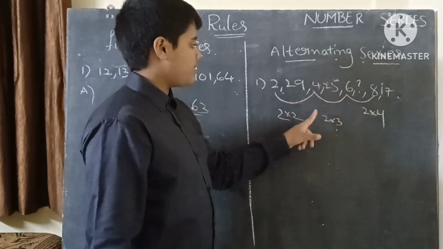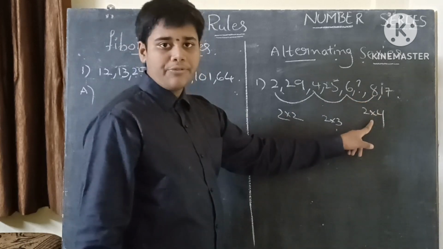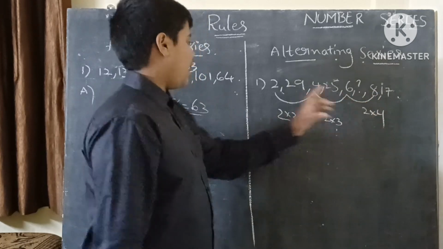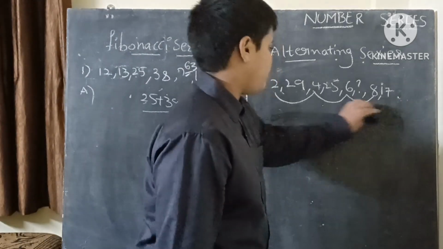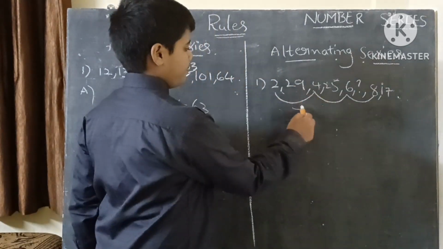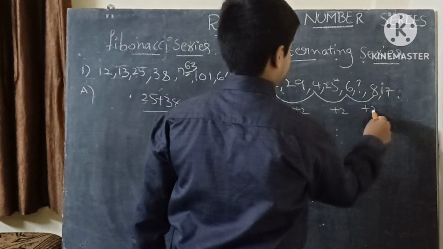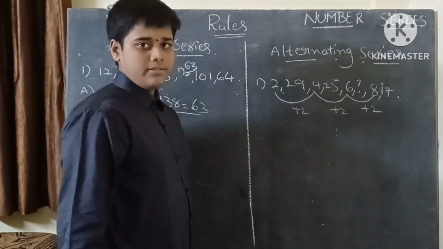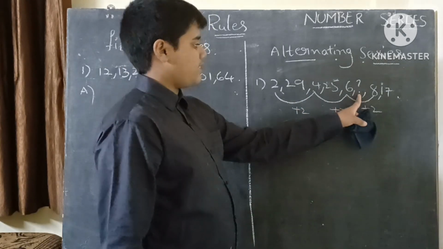Here 4 means 2 into 2, 6 means 2 into 3, 8 means 2 into 4. Otherwise another trick is there: 2 plus 2, 4, 4 plus 2, 6, 6 plus 2, 8. So this is first alternating series and we have to find this number.